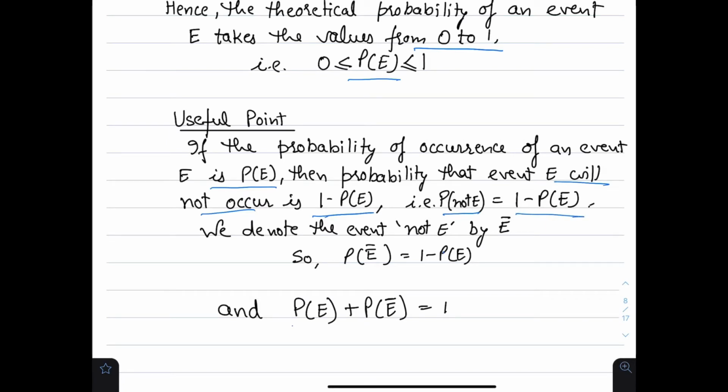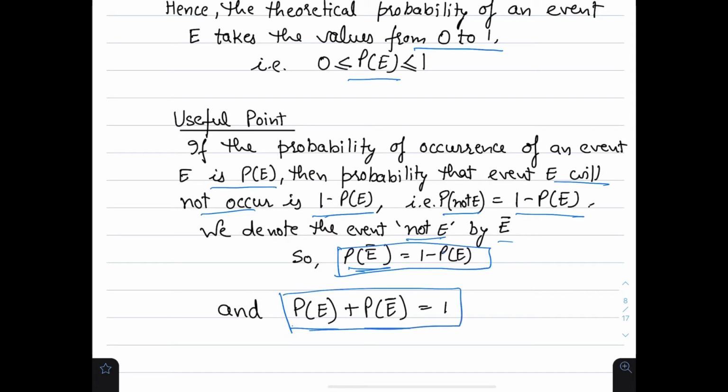We denote the event not E by E bar. So probability of not E equals 1 minus P(E), and probability of E plus probability of not E equals 1. And we will use this formula later in solving examples.